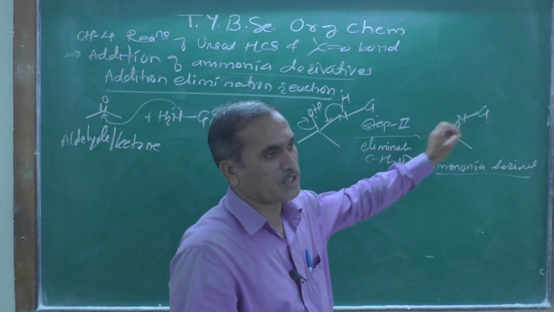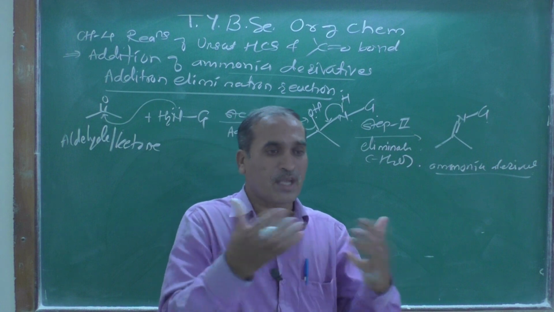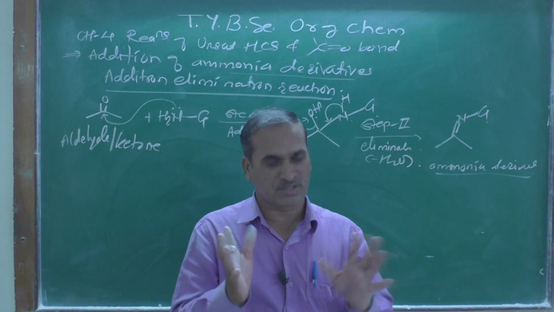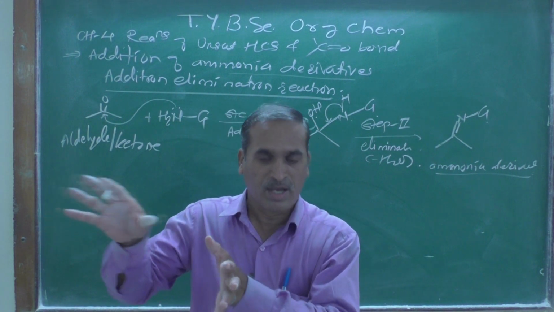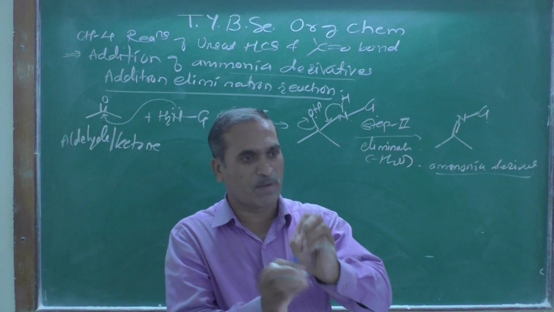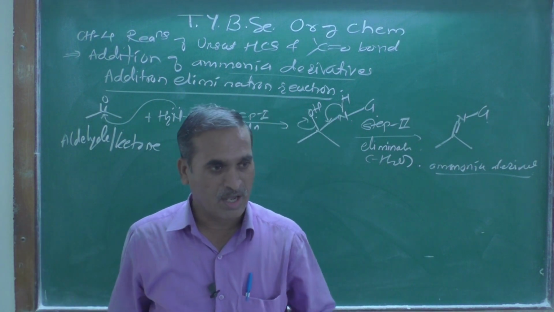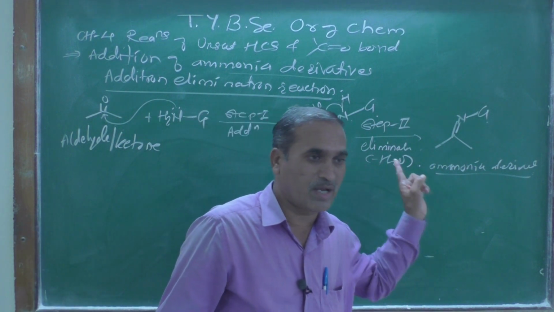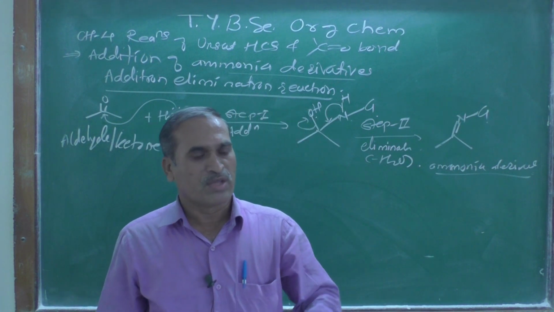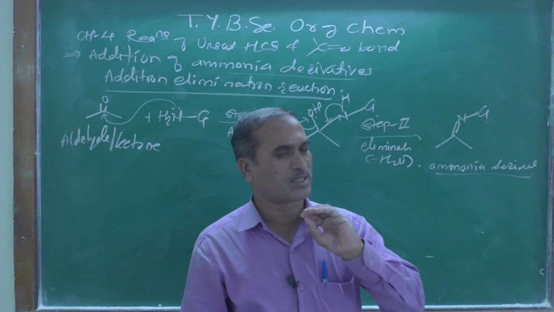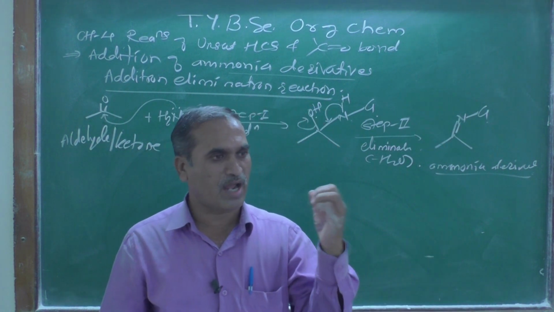Just now I have told you, from the synthetic point of view, these reactions are very useful, and why it is called the general preparation. Now let me tell you about the difference between derivatives and the general preparation. Look here, whenever we add any of these five ammonia reagents, the reaction takes place very easily, and it is carried out at room temperature.